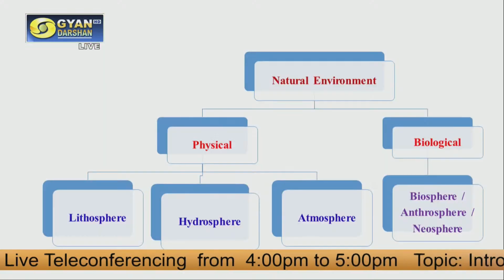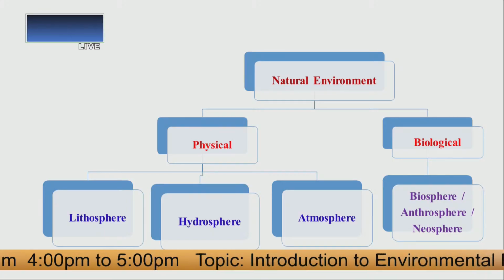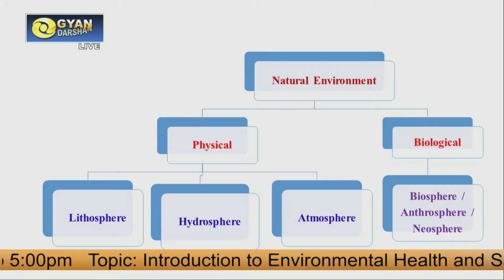Because of that, it is not a balanced biosphere, rather it is dominated by human beings. So in that way you can call it the anthrosphere also. And some people, because of the same reason, call it the neosphere. So these are the various components of our environment.